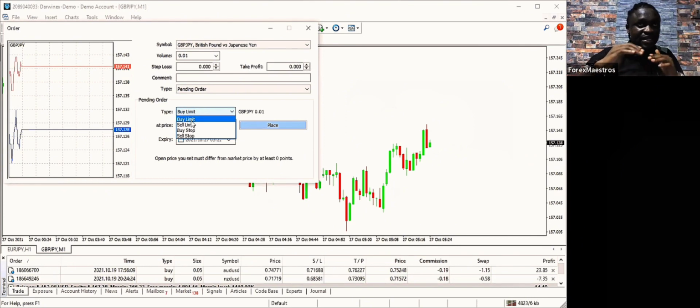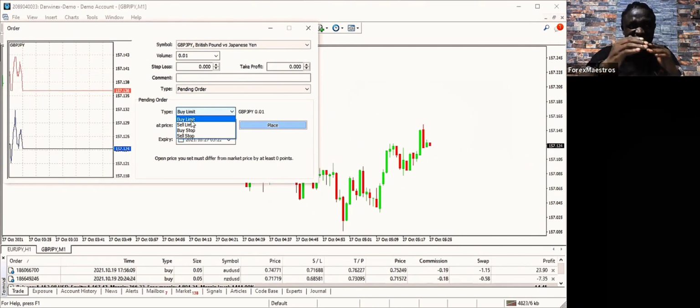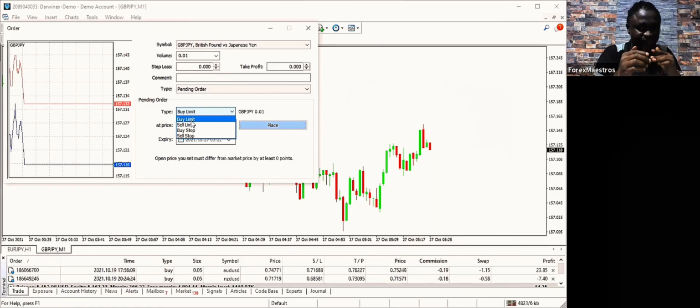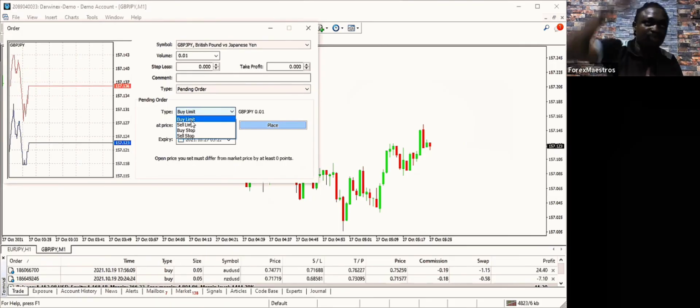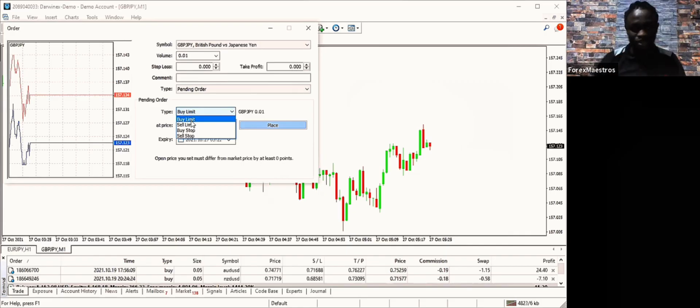In a buy limit, you say if dollar falls a bit, it's now 5 something, if it falls down to 550, I'm going to enter into the market again. I'm going to buy more dollar. That's buy limit. But what is buy stop? You're saying dollar is going to 600. I'm going to wait for it at 600. When it gets to 600, that's when I'm going to buy. That's buy stop.